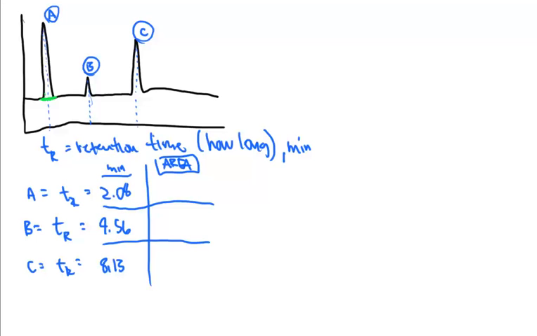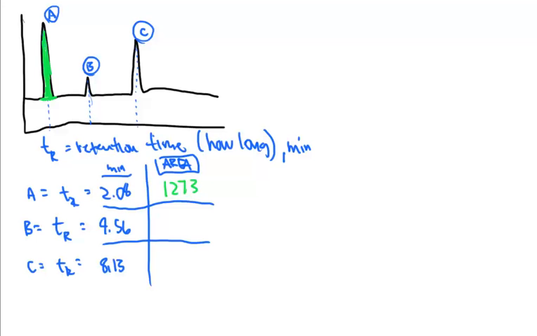So the instrument software will look at this peak, and it will calculate the area that's underneath that curve. And whatever area is there, that's what goes here. So let's say that this is 1,273. It could be a really big number. It could be a really small number. Doesn't matter. We're just using it as an example.